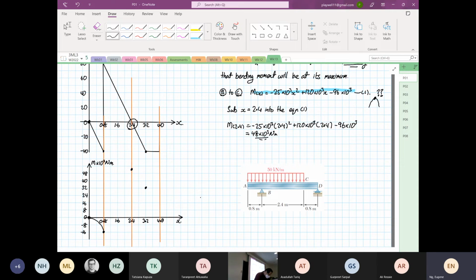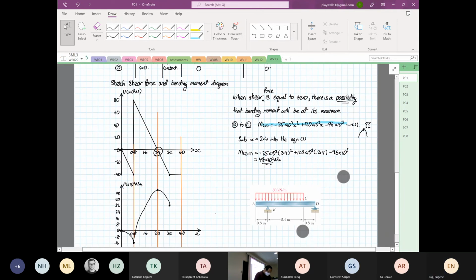Okay, so now we are going to sketch. Okay, so it's going to look like this. Okay, so that is our bending moment diagram up to 3.2. Okay, and then the last one is most easy.